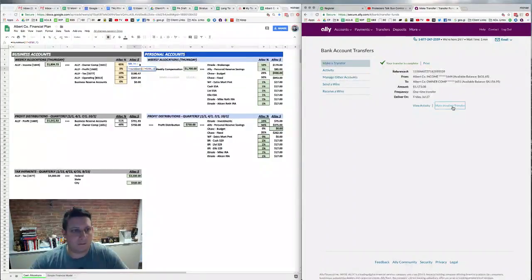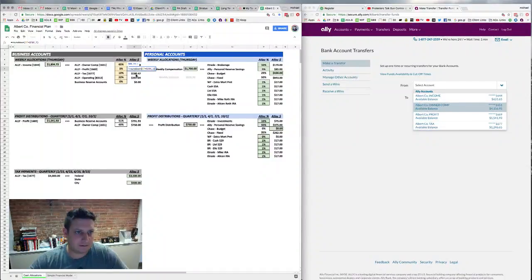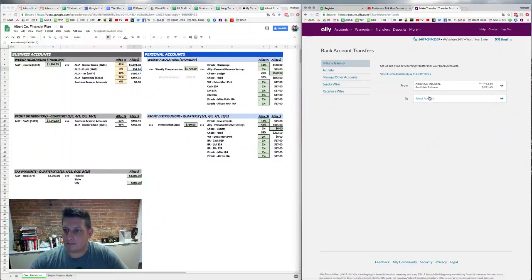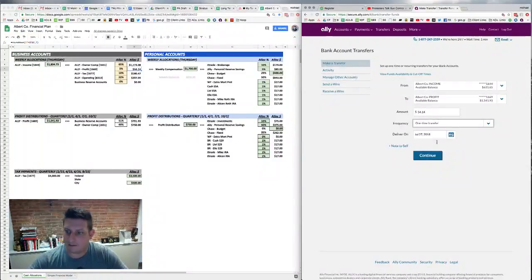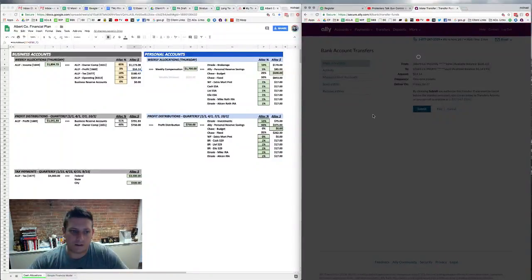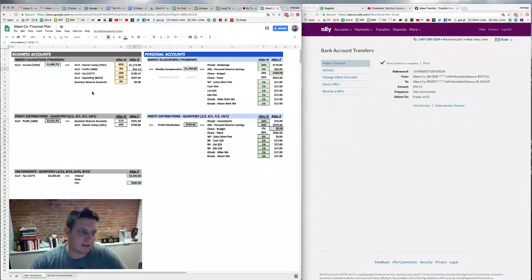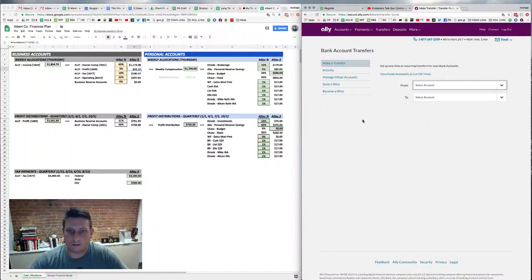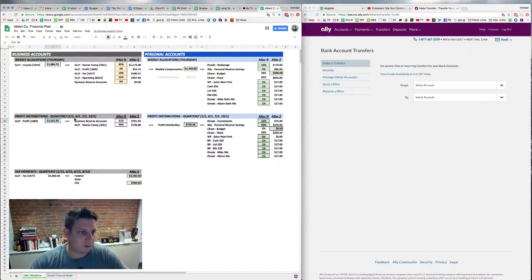Next, I'm going to do profit. So from income to profit, 54.14. And then for this profit account, basically what I do is at the end of each quarter, I'll make a distribution from that account. So as of now, for this quarter from 7/1 to 10/1, so 10/1 is my next allocation, this is how much is in my profit account for now.